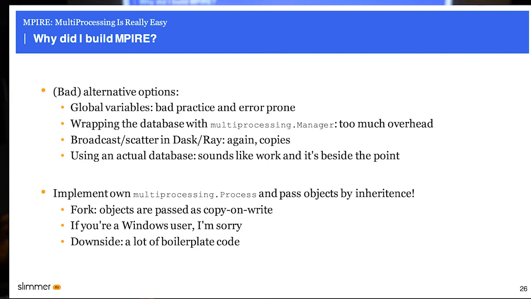So what can you do? You could ditch the whole idea of using multiprocessing.pool. The nice thing about using a pool of workers is that it takes care of all the inter-process communication for you. But you could use Process, which gives you a little bit more fine-grained control. And the nice thing about it is that when you're using fork as a means of starting your processes, whatever you pass to the constructor of a Process, those objects are passed as copy on write.